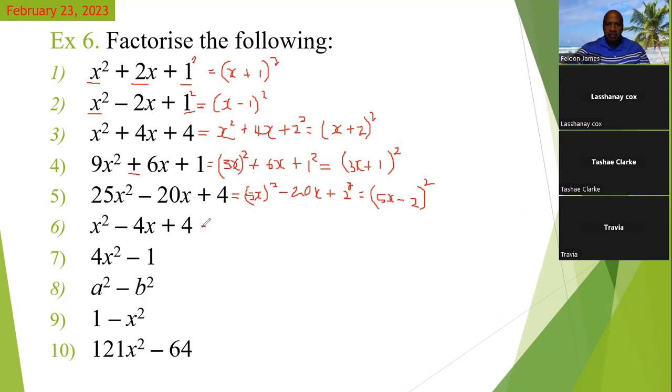So, sir, you're going to have x minus 4x plus 2, all squared. So that equals x minus 2, outside, squared.